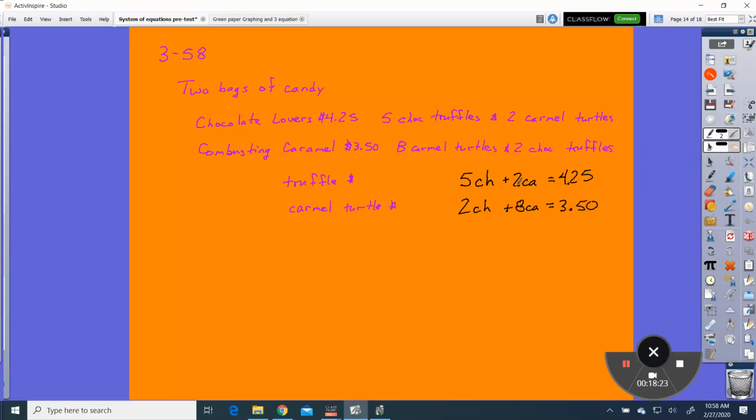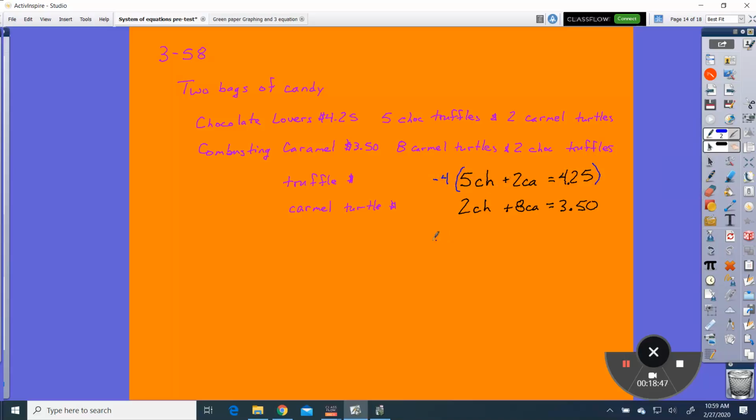Now what I'm going to do is eliminate something. I could make these turn into 10 because 5 and 2 both go into 10, or I could make this top one turn into 8. So I'm just going to make this turn into 8, and it needs to be a negative so that they cancel out. So I'm going to multiply all this one by -4.